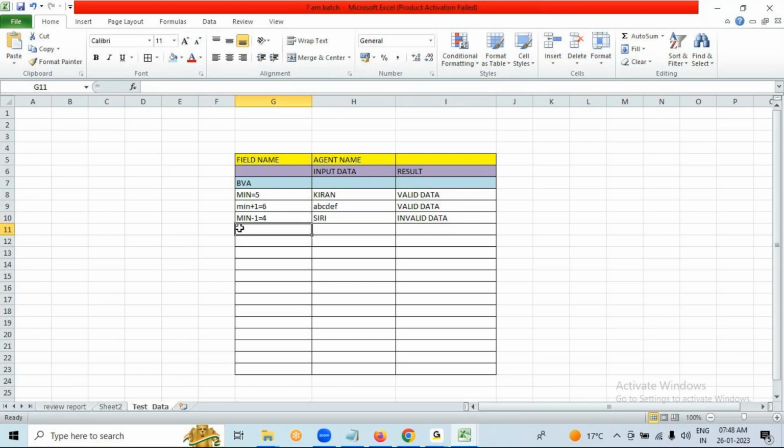Skip one column. Go to the skip one. So this way. Yeah, there you go.